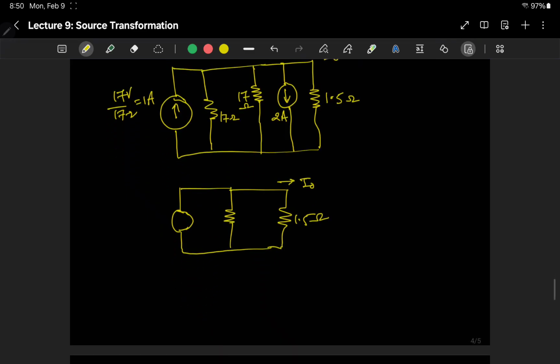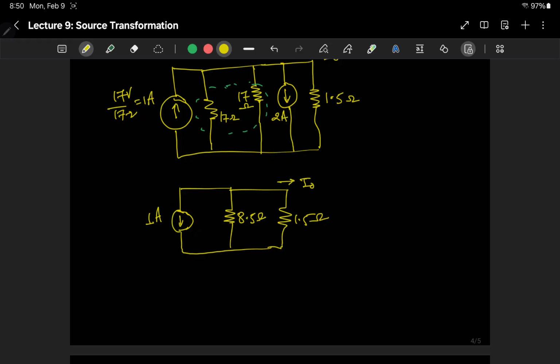Okay, so what we can do is these two resistors, they are in parallel. So 17 parallel 17 is basically 17 divided by 2, which is 8.5 ohm, and this one is 1 ampere going up, the other one is 2 ampere going down. So the resulting current will be 2 minus 1 going down, which is 1 ampere going down.